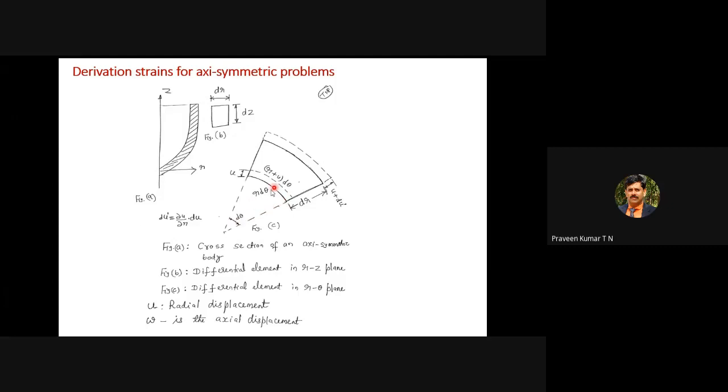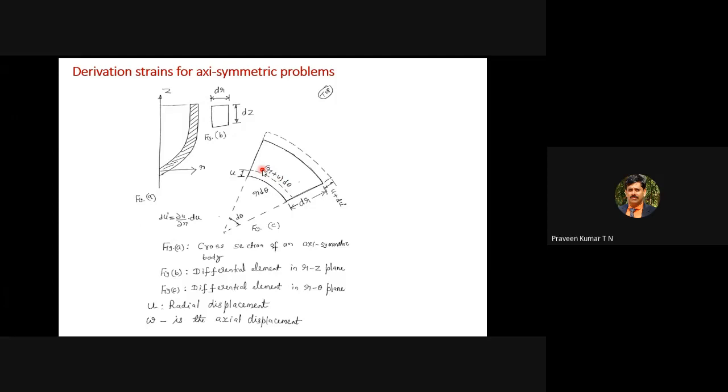Along the radial direction there may be a small amount of deformation. The original radius is r. The radius is increased because of the internal pressure by a small amount u, so the final radius is r plus u. Before application of the internal pressure, the arc length is r d theta.